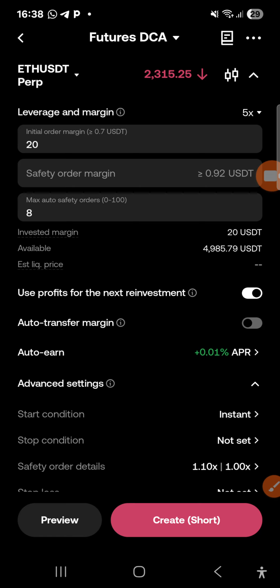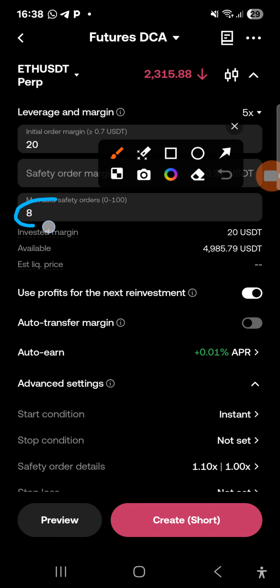It moves up, down, up, down. For example, when the market is moving against you, here where they say maximum auto safety orders, remember you want the robot, when the market moves by a certain step, to add some amount of money for you.